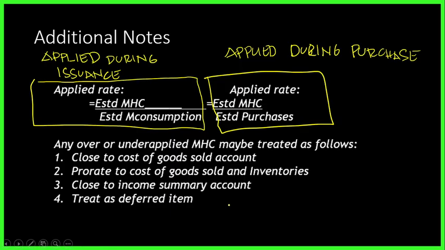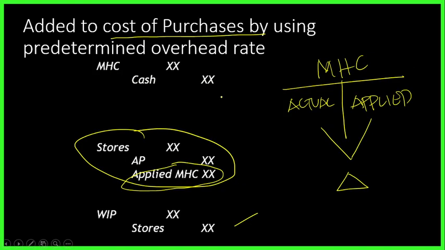Okay? So, tada! So, you have your estimated materials handling cost divided by the estimated materials consumption or materials issuance for the period. You divide that and you will get an application rate. This is what you're going to multiply with the issuance. So, pag nag-issue ka na, let's go back dito.